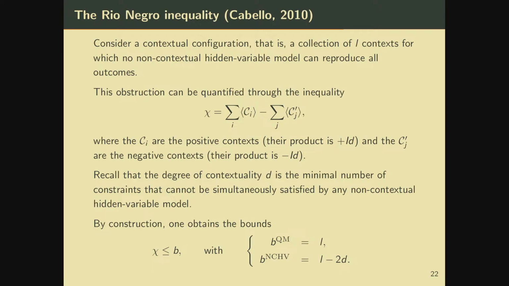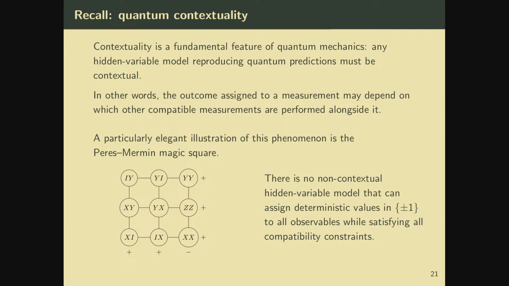So we get plus 1, plus 1, plus 1, plus 1. So the bound for measuring this type of context and building this quantity here, under the assumption of quantum mechanics, should be the number of contexts itself. Okay, so if we play this game with the Mermin grid, that should be 6.